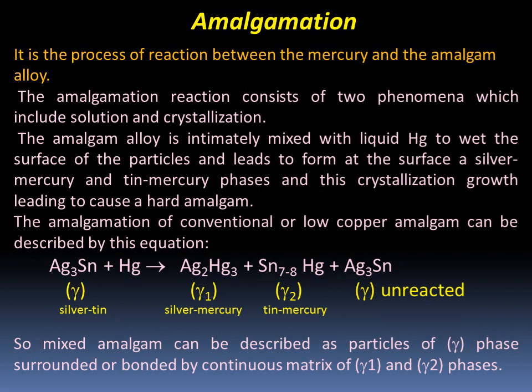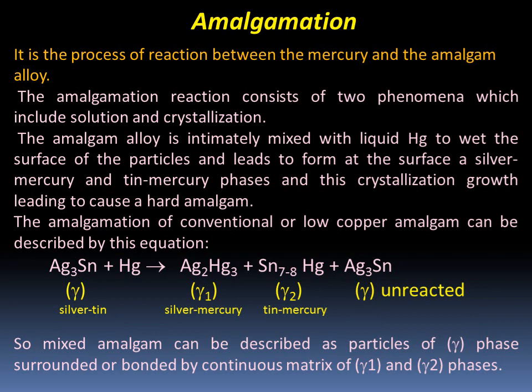the unreacted silver tin. In the presence of copper, it will replace the tin mercury phase, leading to removal of the phase 2 tin mercury a few hours after its formation, or it disappears totally from the beginning.